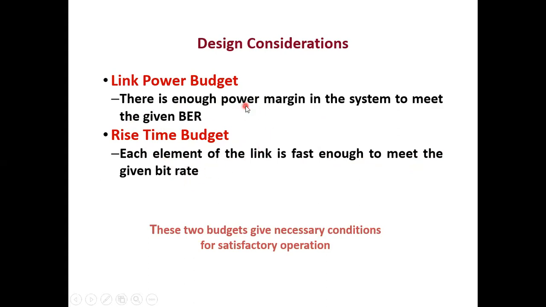Here there should be a margin to meet the given bit rate, and then I should take into account the delay and the other aspects. So either I call it a delay, or I say that the link should be fast enough to meet the given bit rate. So when I'm calculating the rise time budget, it is actually the system timing.